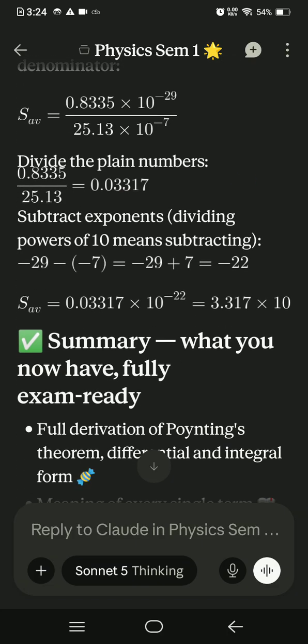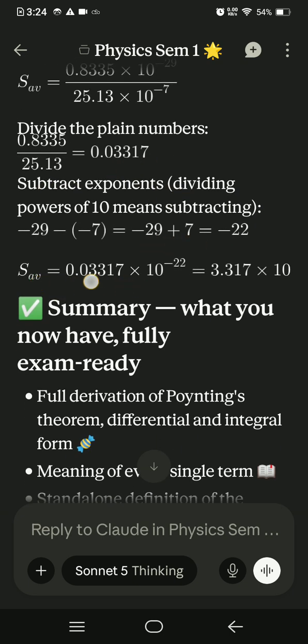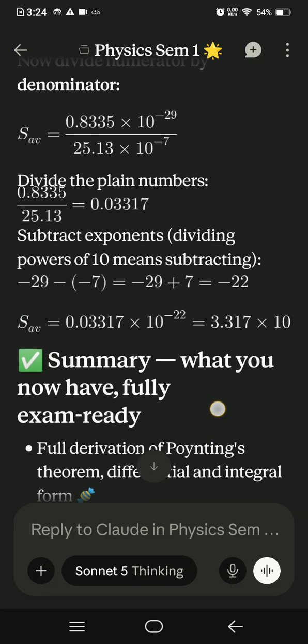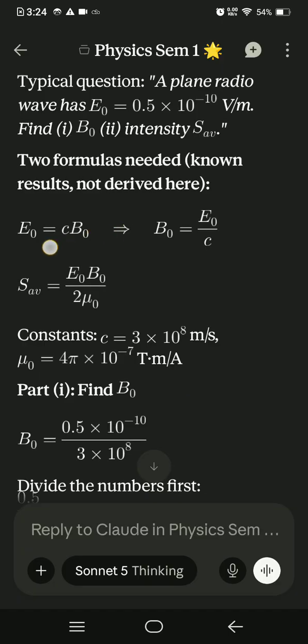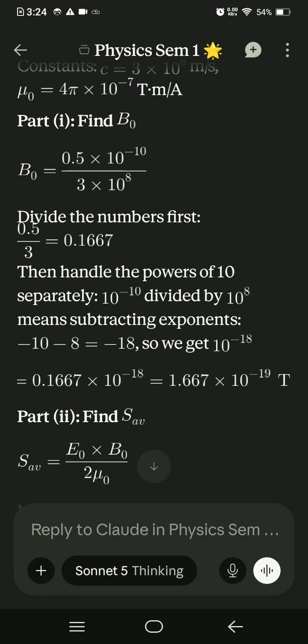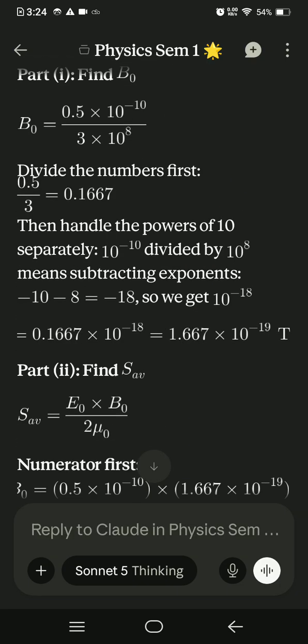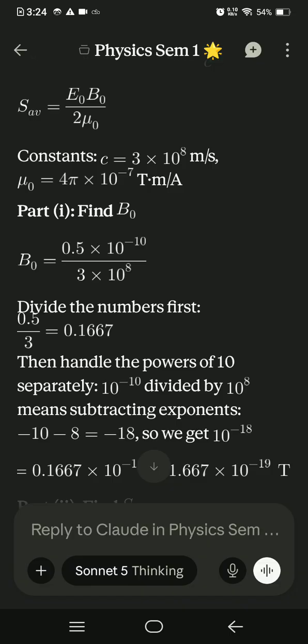This is going to take a lot of time if we don't have a calculator with us. Now we have S average equals this. It was actually easy, but only if we knew these two formulas. I don't know if the numbers for pi and mu naught would be given or not.